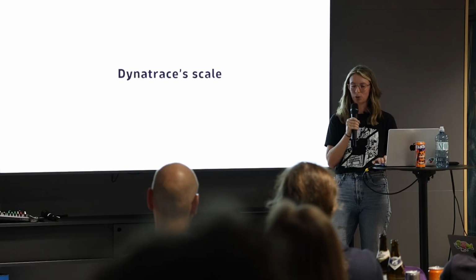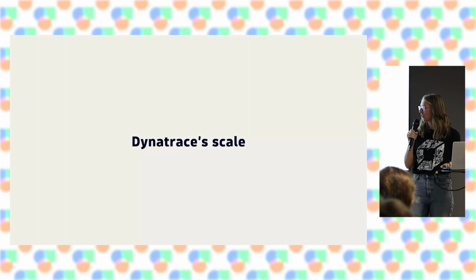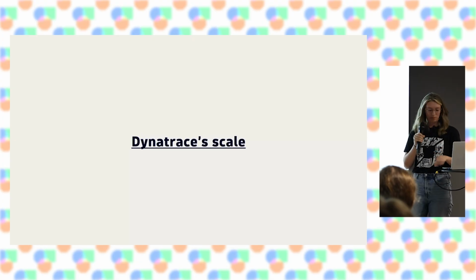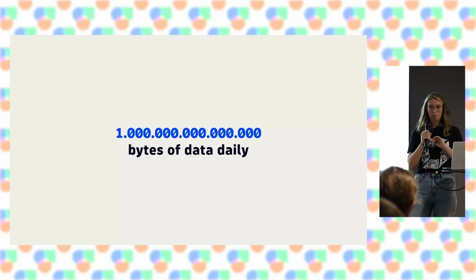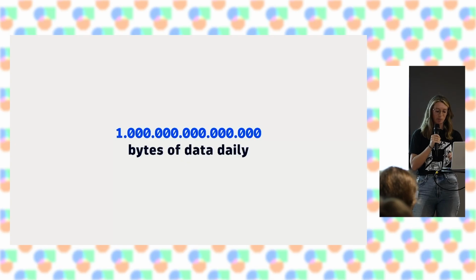But before we get started with Strato and what it actually is, let's see what we need to keep in mind when talking about Strato, and it's Dynatrace's scale. Our customers look at petabytes of data daily when looking at Dynatrace and the Dynatrace platform.